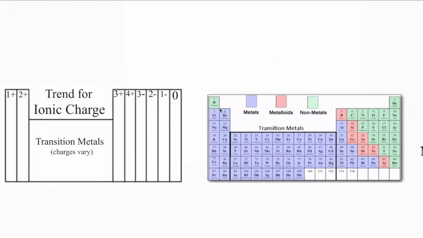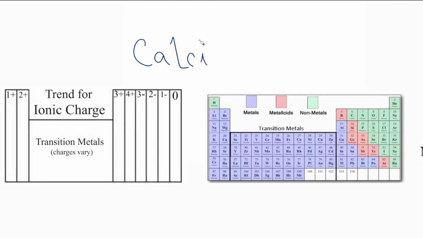So at this point, we can use this to name chemical compounds. So if I told you calcium chloride, actually let's say calcium fluoride, how would you write the formula for this?